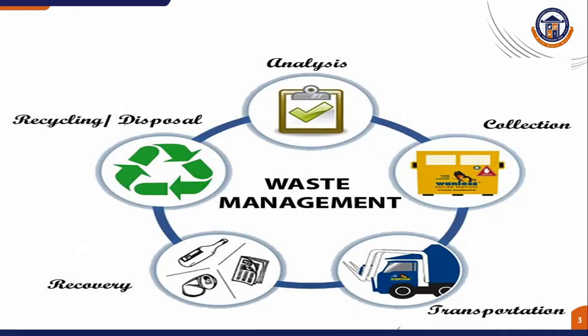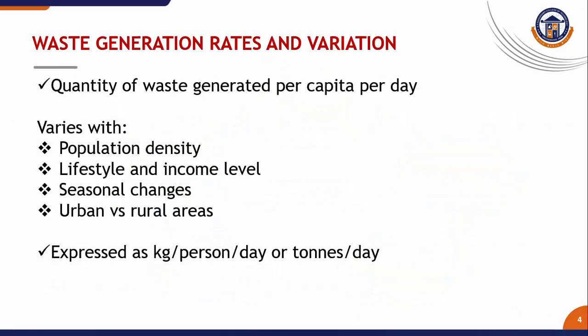Here, waste management has mainly five important components. First one is analysis, second is collection, third is transportation, fourth is recovery, and fifth is recycling or disposal. These five components play a crucial role in waste management and the minimization of waste.